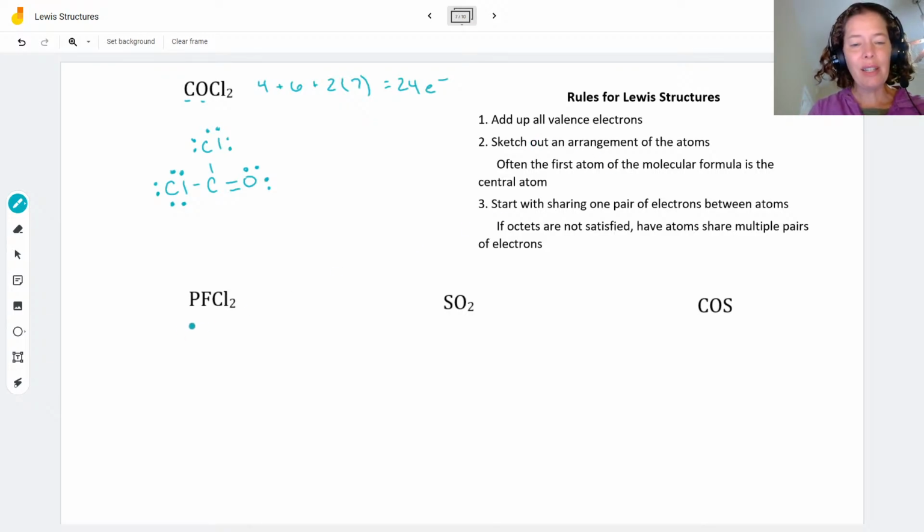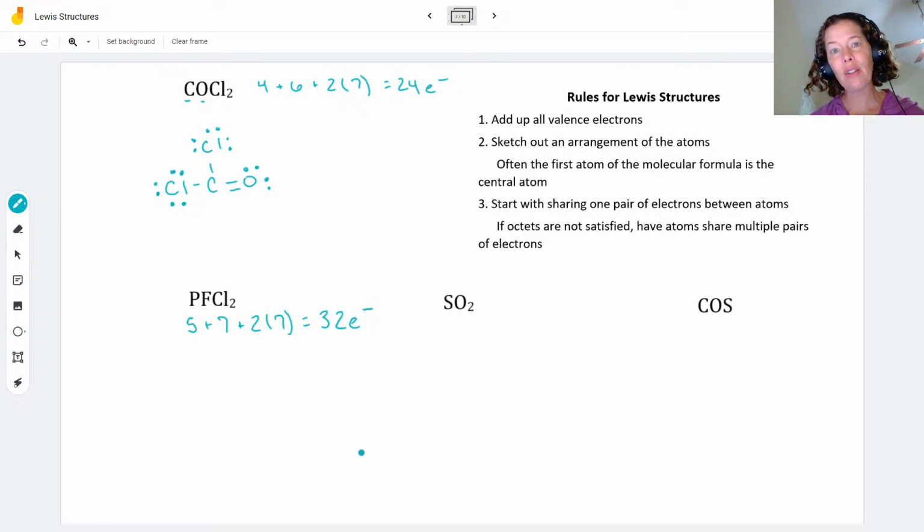Phosphorus gives us 5, fluorine gives us 7, and we've got 2 chlorines, which also give us 7 each. So we've got 26 valence electrons.